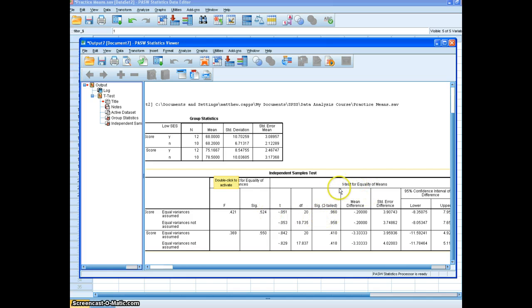Now, the t-test significance is this number. Because this number is not less than 0.05, we can say that there is no significant difference between those two groups. And considering there's only 0.2 points difference between those two, that's probably entirely accurate. Same thing here.